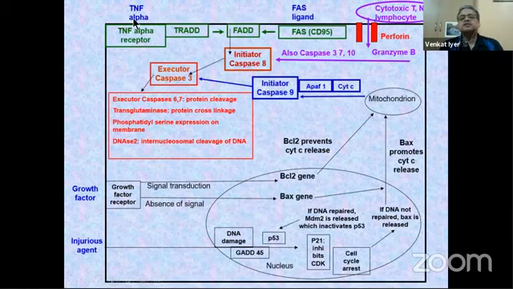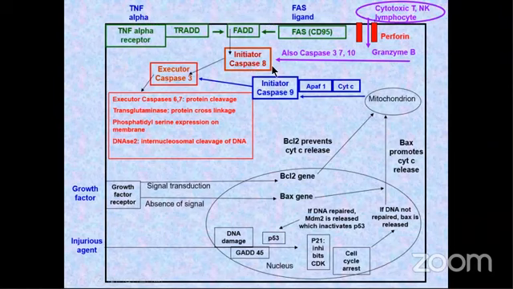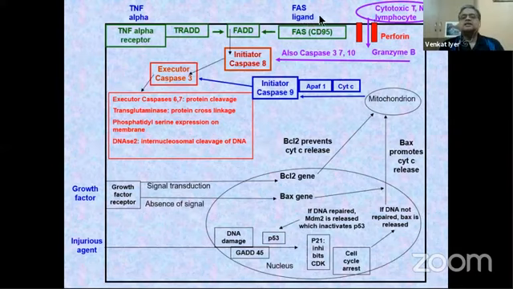So an extrinsic signal could be Fas ligand, or it could be a cytotoxic T cell or a natural killer T cell signal.